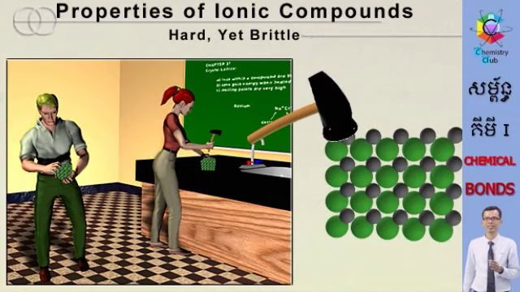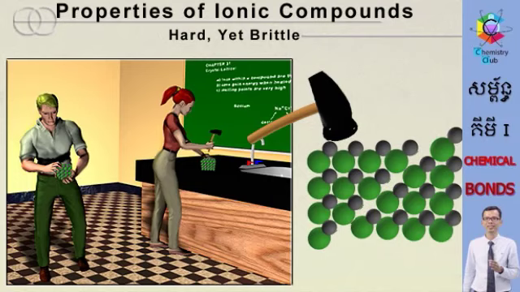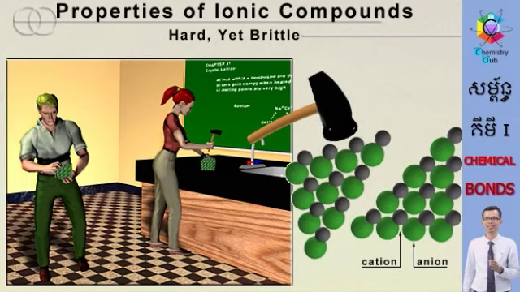When struck, ions in a crystal lattice structure shift, which can cause cations to align with cations and anions to align with anions. The repulsion between the ions with the same charge becomes so intense that the crystal shatters along the fissure where the ions shifted.